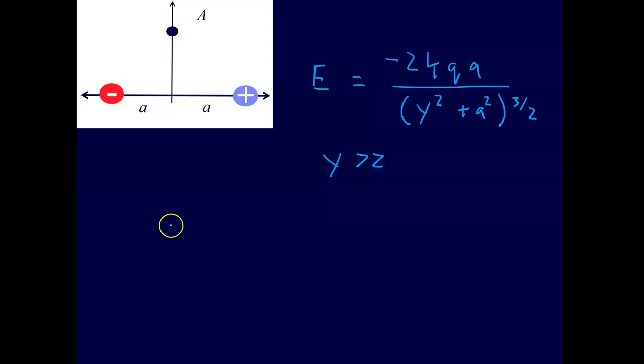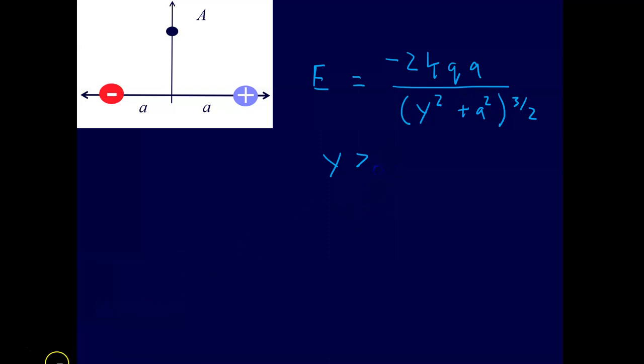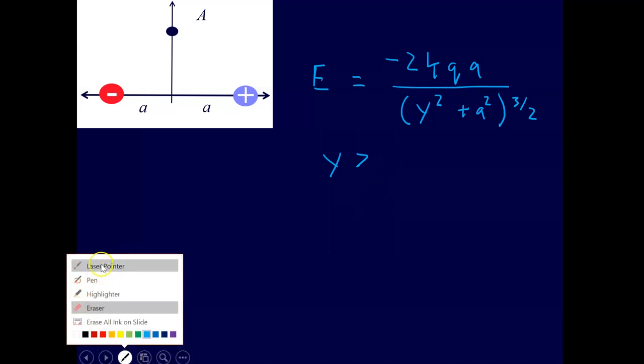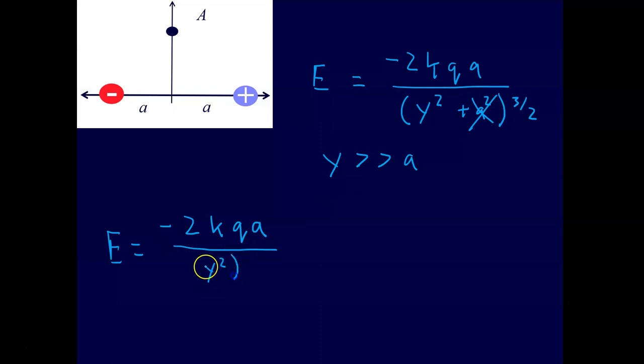Here's our equation, and we're assuming that y is much, much bigger than A. So in this denominator, if y is much, much bigger than A, we can literally just forget about A. And so we get an electric field that's negative 2 times our k constant, q times the distance A, over y squared to the 3/2 power.